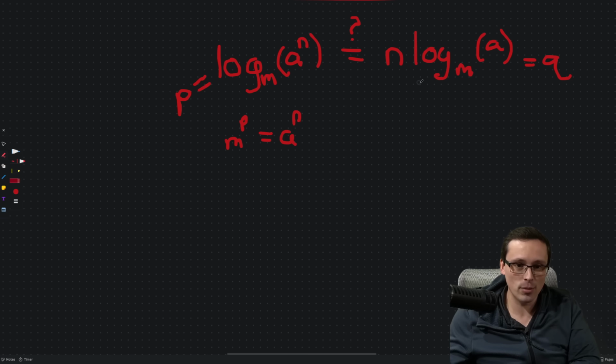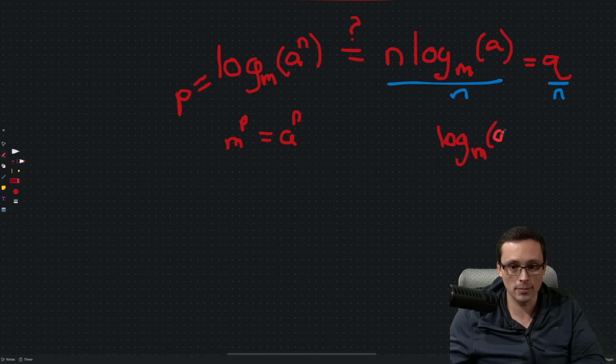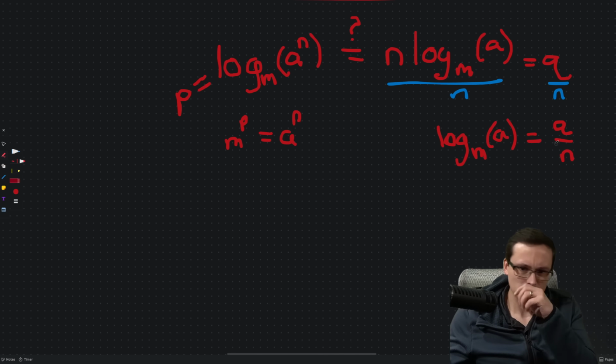So we're going to do the power of algebra again, which is if two things are equal and you change them in the same way, they remain equal. So we are just going to divide both things by n, and then these two things would, in fact, remain equal. So that means that we now have n divided by n, which is just 1. So we have 1 times log base m of a, and times 1 doesn't do anything. And that's equal to q over n.